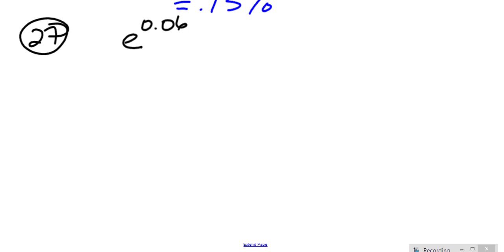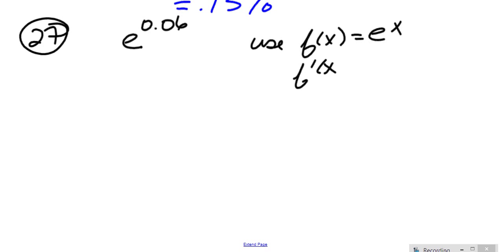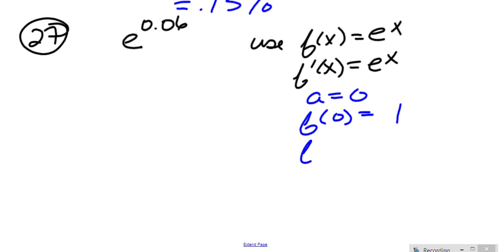So all they're giving us is this. We're going to use f of x equals e to the x, and its derivative is e to the x. Since it's 0.06, I'm going to let a equal 0. So f at 0 is 1, and f prime at 0 is 1.